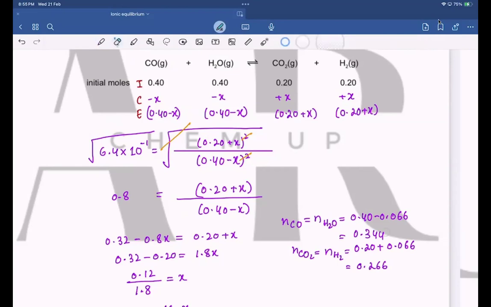Sir, 334. Okay, 0.334. So these are the moles of carbon monoxide and water at equilibrium, and these are the moles of carbon dioxide and hydrogen at equilibrium. Is this clear to all of you? Yes, sir.